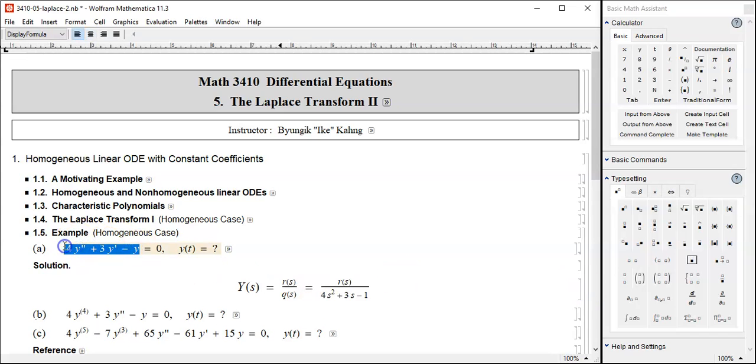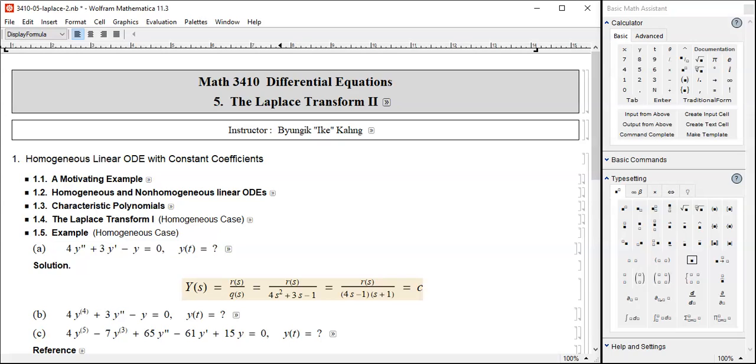Coming from here, therefore, this is R of s over 4s minus 1, s plus 1, is that it? Plus 4 minus 1, I guess that's it.